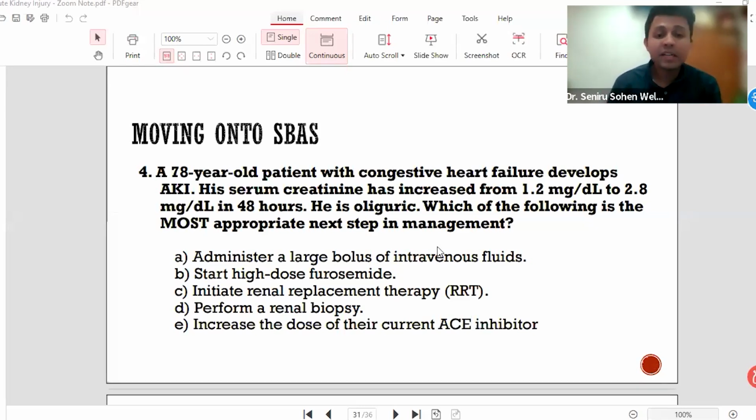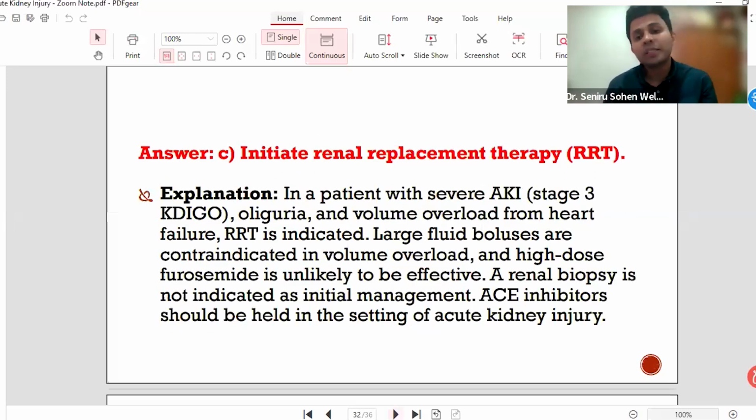So the option is deciding between starting high dose furosemide or renal replacement therapy. So patients with volume overload may have blunted response to diuretics, and since the patients are already on diuretics, right? So the answer here would be that we should initiate renal replacement therapy because high dose furosemide is unlikely to be effective in this patient.